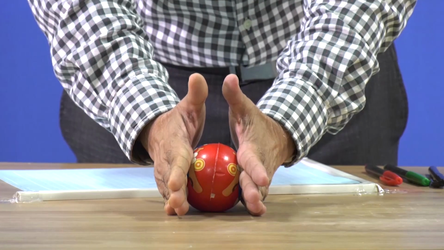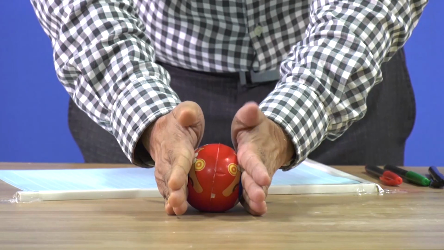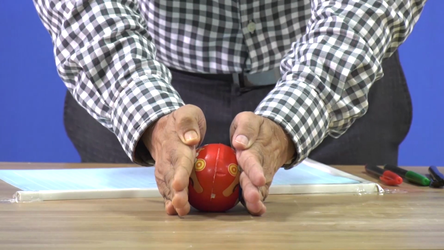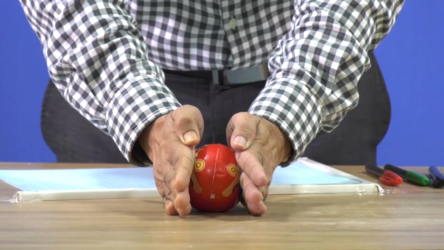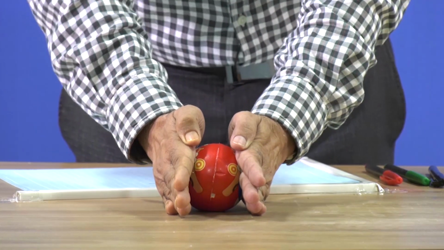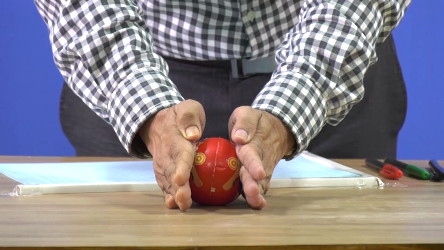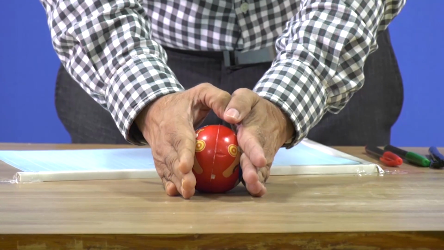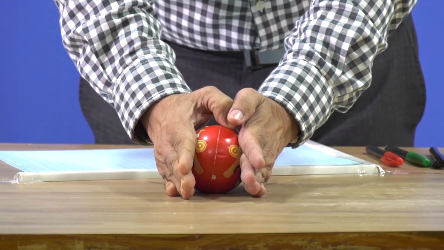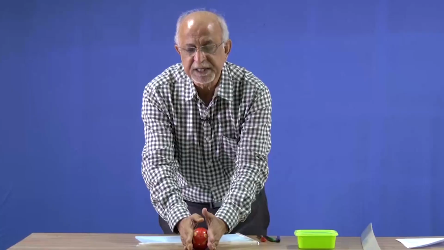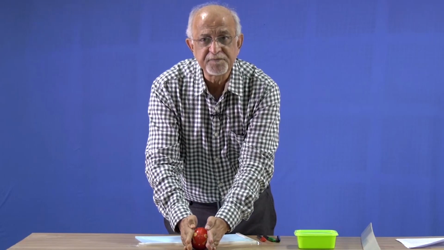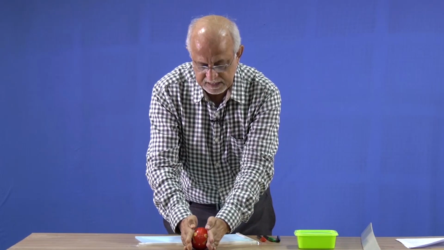Answer is no, it does not move, because once again it is under the influence of four balanced forces. I mean, two pairs of mutually balancing forces. Once again, its weight is there, normal reaction is acting in the upward direction, and my left palm is pushing it towards right, and equal push has been provided by my right palm towards left.